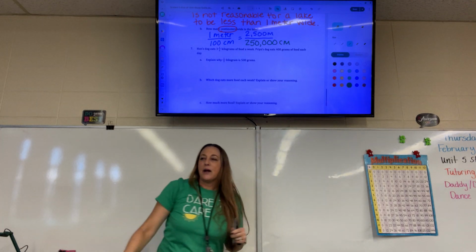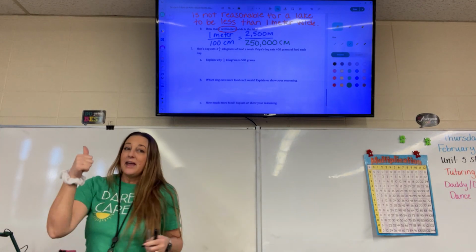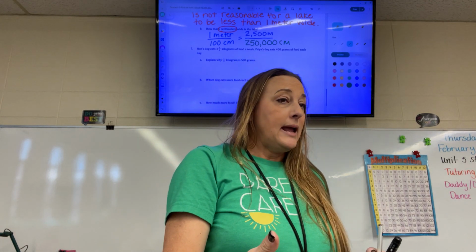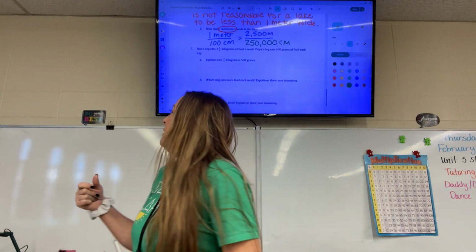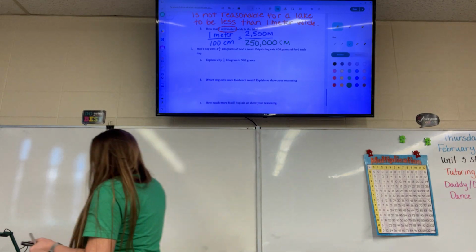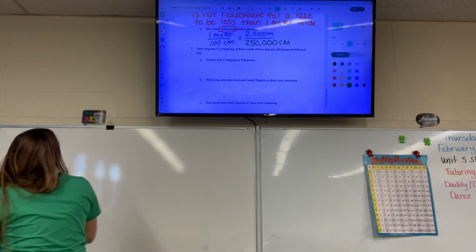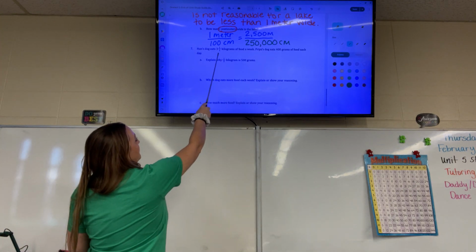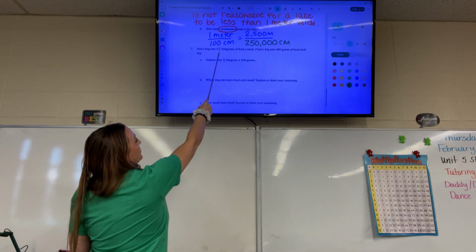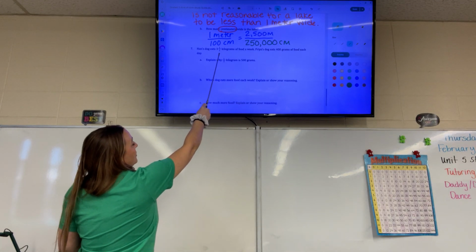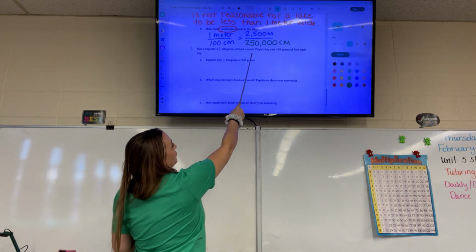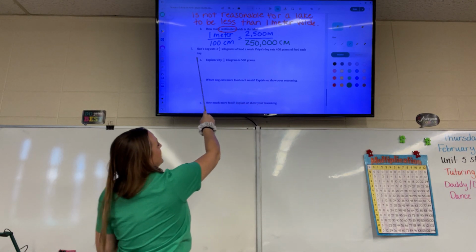In order to figure out whose dog eats more, they have to be in the same unit and they have to be for the same amount of time. If we turn this into grams, we still have more work to do because that would be grams per week and this is grams per day.